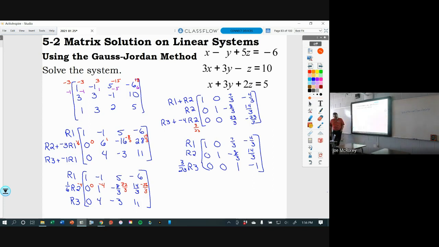I need to get rid of the 7/3 in row 1. How do I get rid of the 7/3 in row 1? Multiply row 3 by -7/3. That gives me a -7/3 here and a +7/3 here.